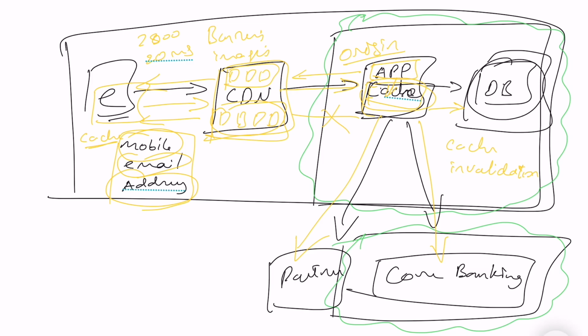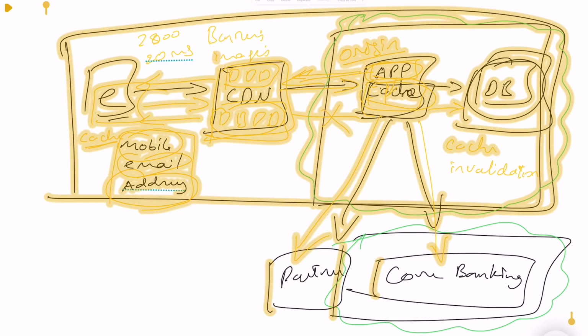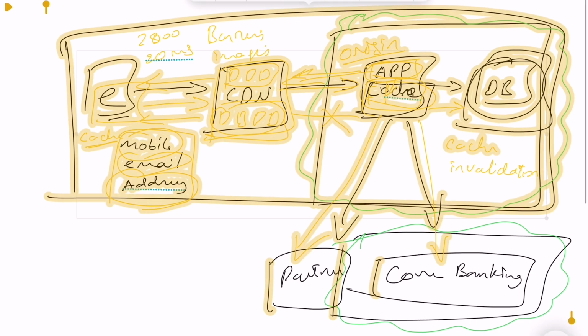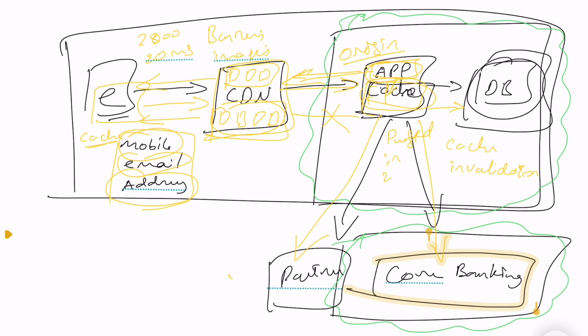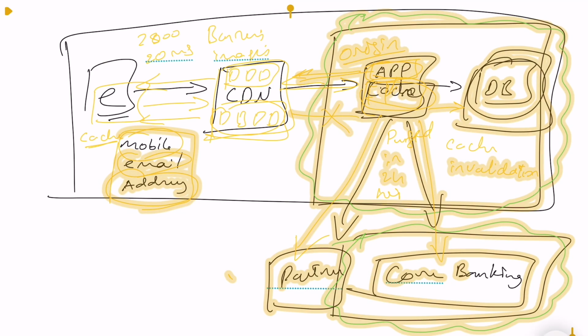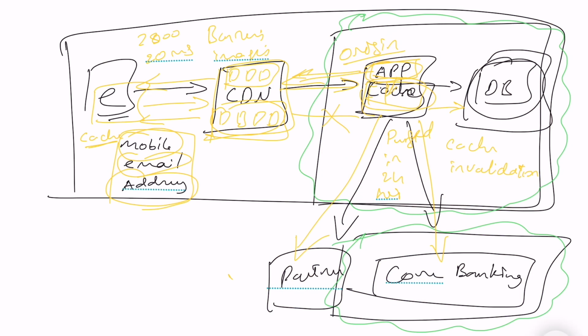So whenever the app, while serving back, is putting something in cache, it will set up a purge timer. It will say that this entry will get purged in 24 hours. That is how the cache invalidation happens.